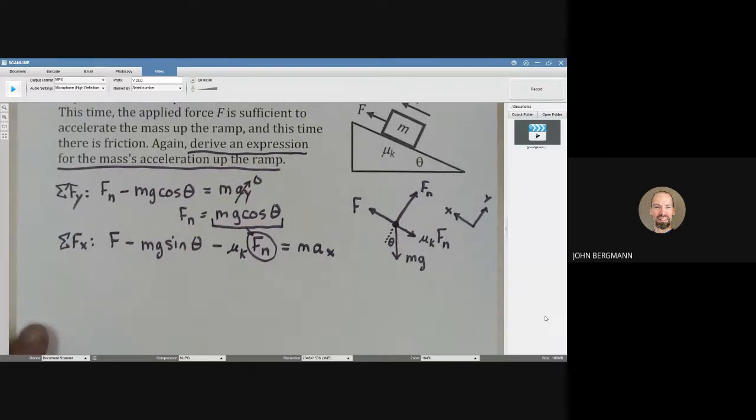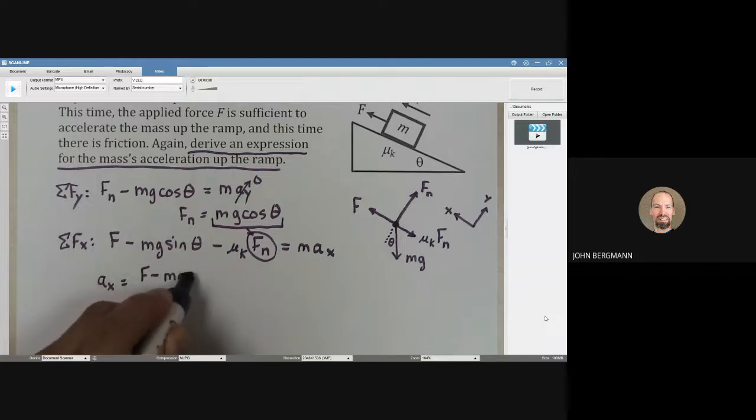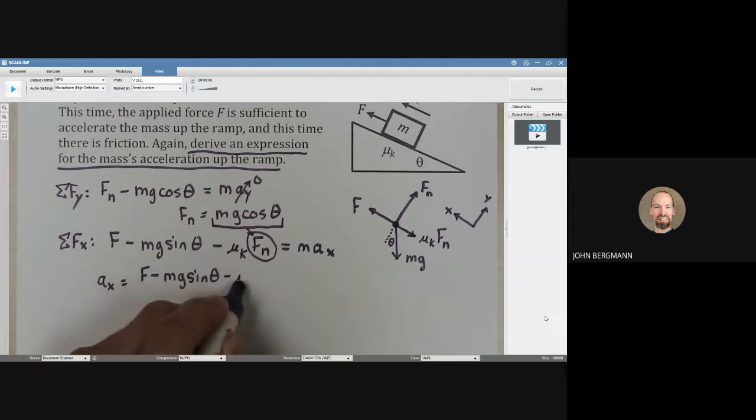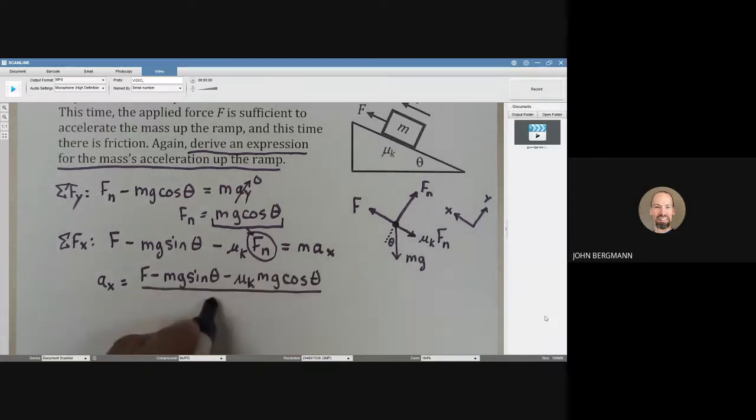We could simplify this in any number of ways, but basically it looks to me like we're going to get an expression that looks like this: F minus mg sine theta minus mu sub k mg cosine theta, all of that divided by m.